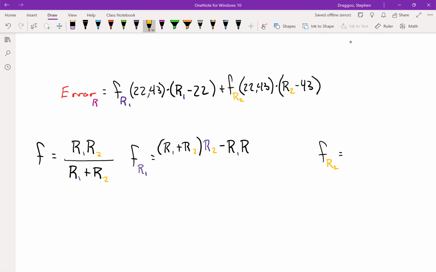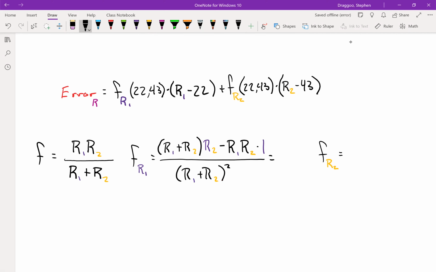So that's 4 times G. The derivative of the bottom is just 1. Since I'm taking a derivative with respect to R1, it'll be 1 plus 0. Then that whole thing gets divided by the denominator squared. So R1 plus R2, that whole piece squared.